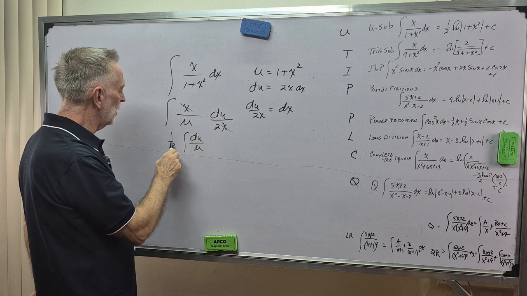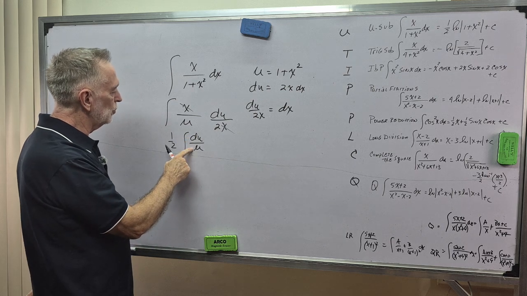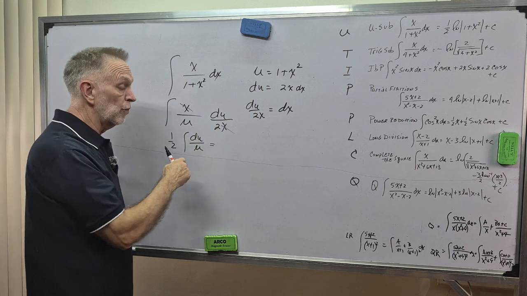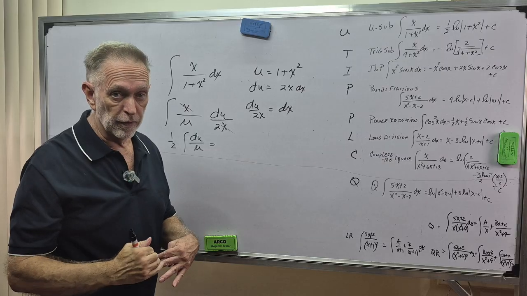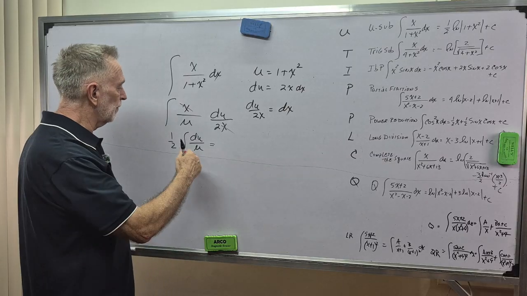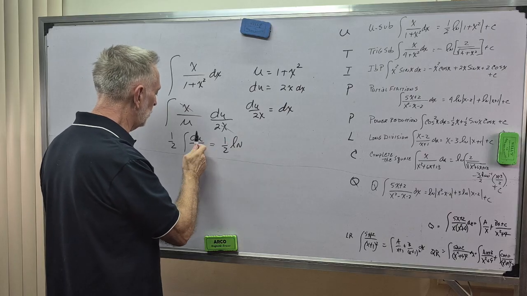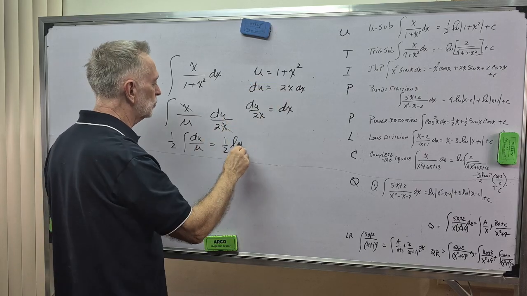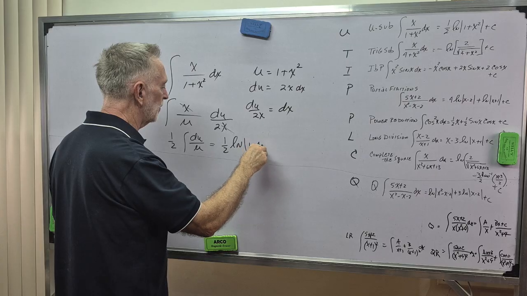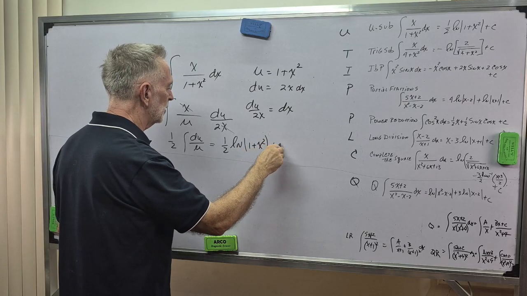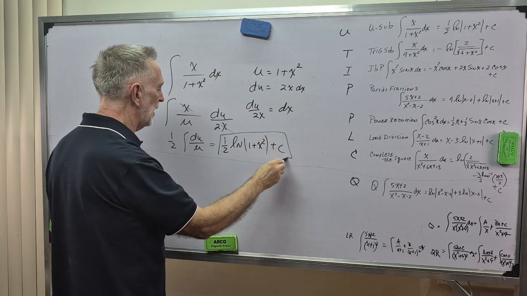So I have 1/2 the integral of du over u. And we know the derivative of a function over the function is natural log of that function. So I have 1/2 natural log of u, but u is 1 plus x squared, plus c.